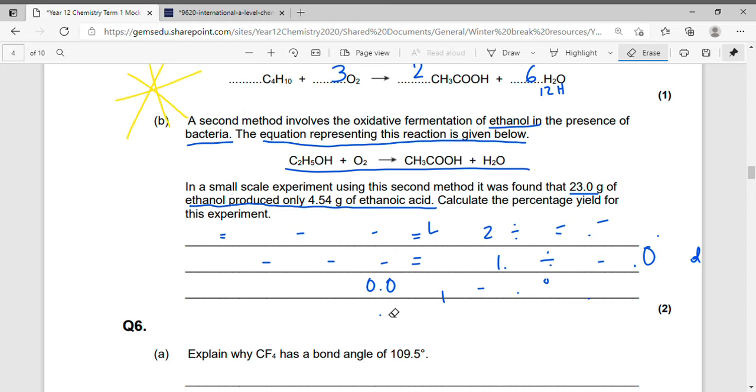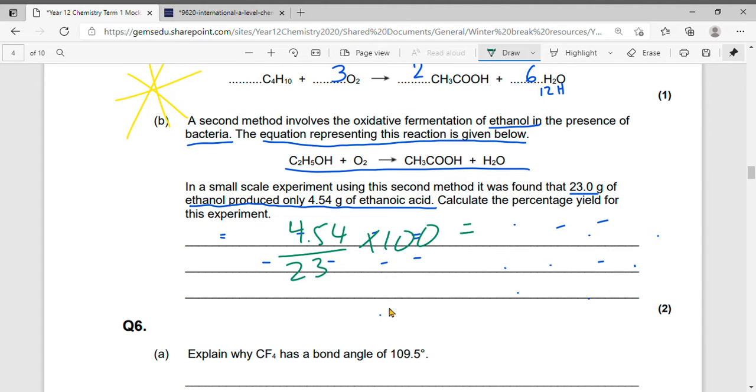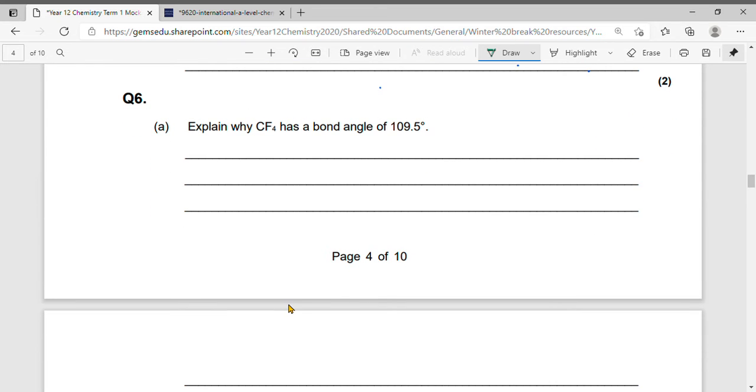So I'm just going to quickly erase all of this very roughly and just use a different color just to distinguish. So 4.54 over 23 times 100 percent. Let's carry on.